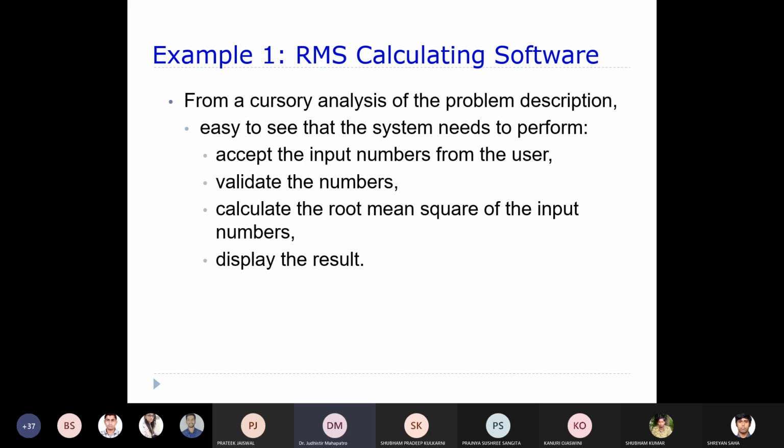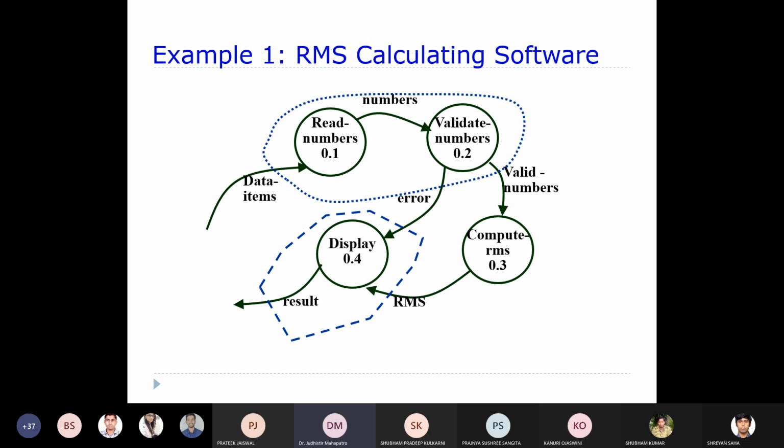So now for this, the level 1 DFD is something like this. I told you there are afferent and efferent branches, and then you have the central transform. So there are three sorts of bubbles.